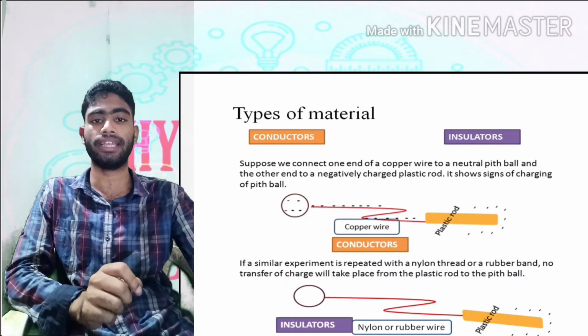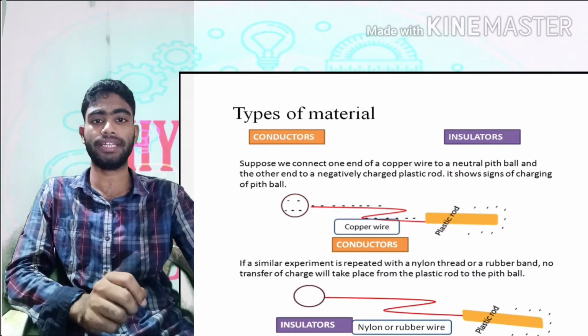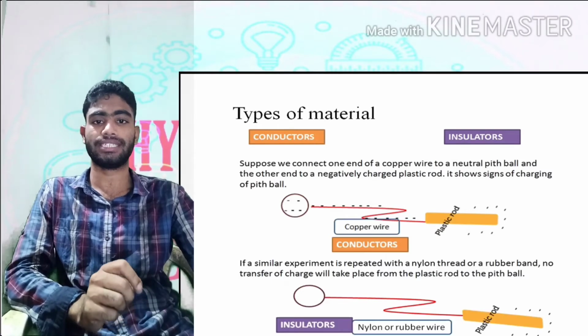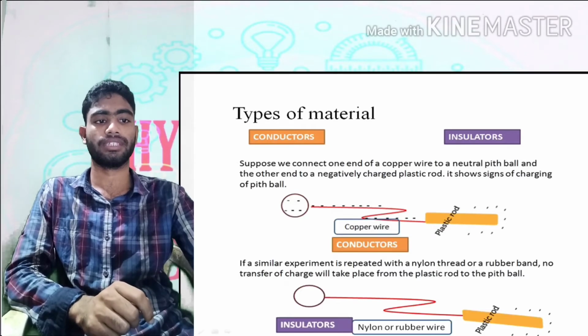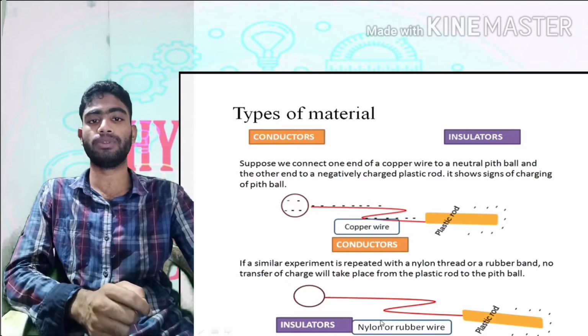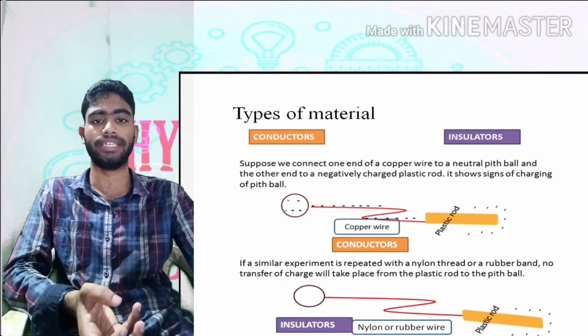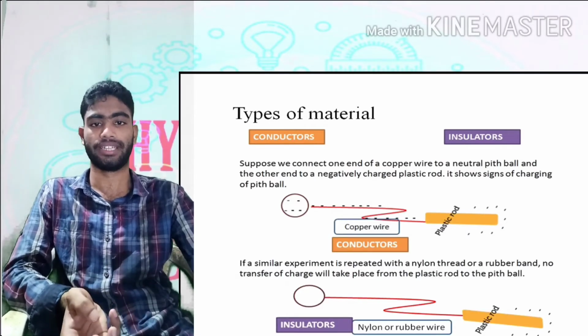So from these two experiments we got the conclusion that copper has the ability to transfer charge, but materials like nylon and rubber have no ability to transfer charge particles.